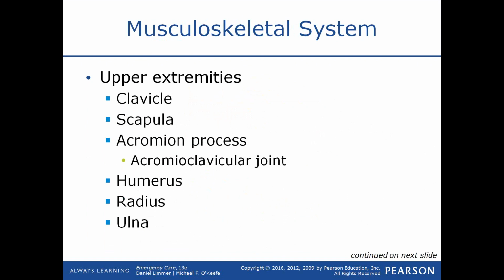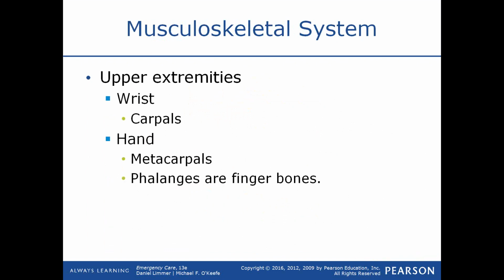Your radius and ulna are the two bones of your lower arm. You have your wrist with multiple bones, which are your carpals. The long bones in your hand are called metacarpals, and the bones of your fingers are called phalanges.